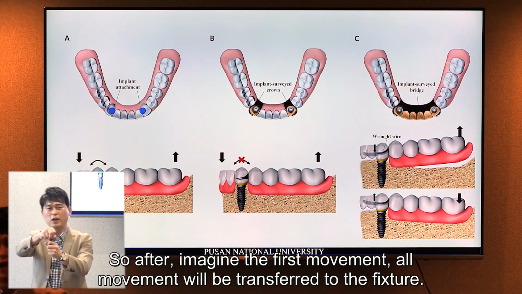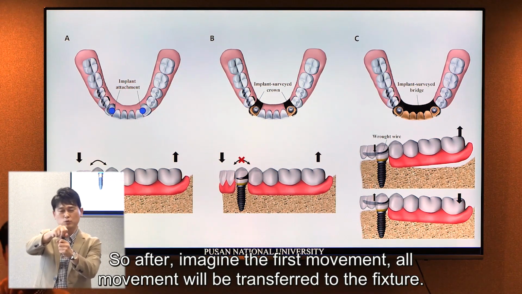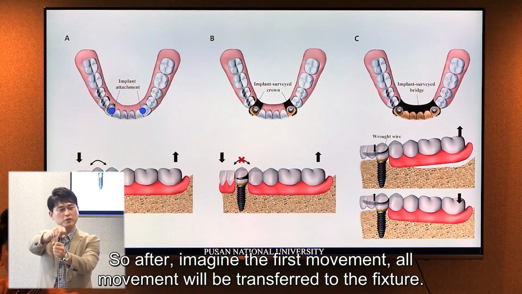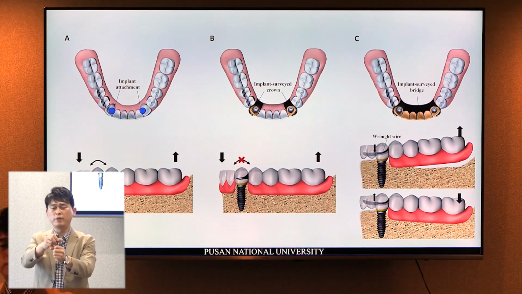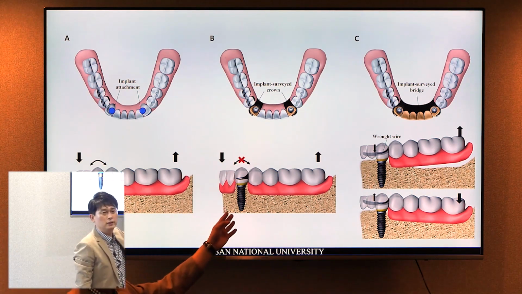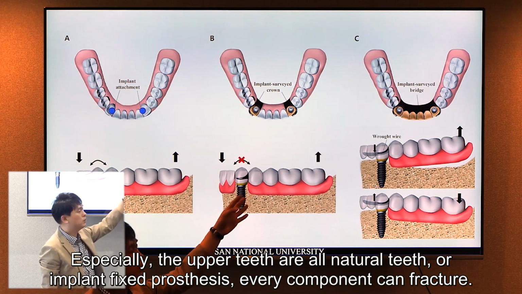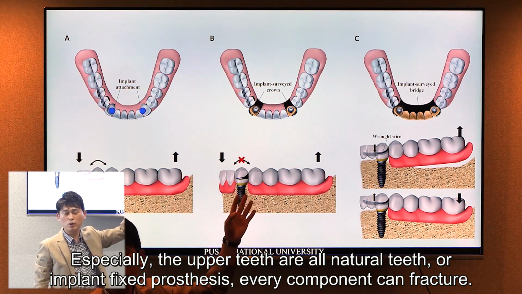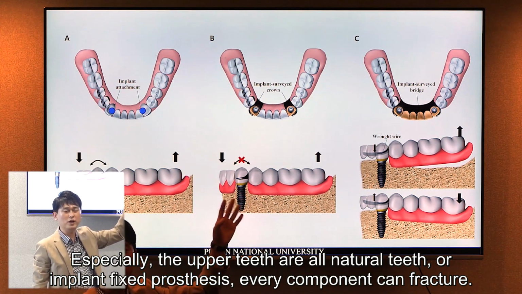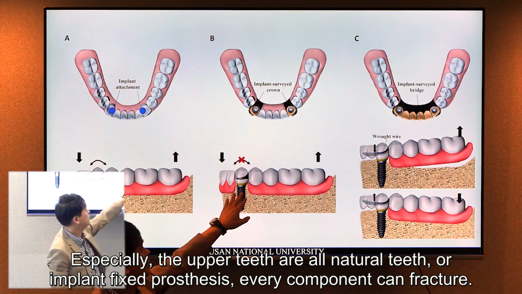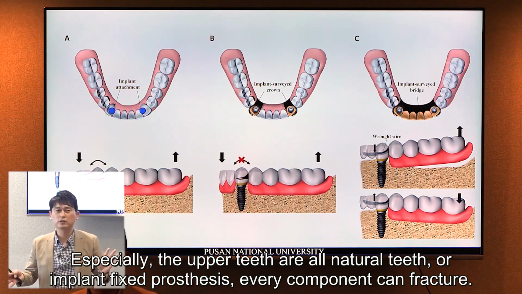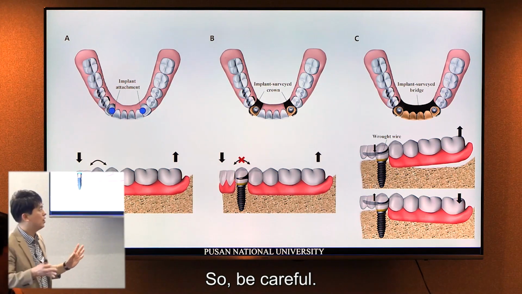So after the burst movement, every movement will be transferred to the implant. Very dangerous situation. Especially with upper natural teeth or an implant fixed prosthesis, definitely every component will be fractured. Yeah, so be careful.